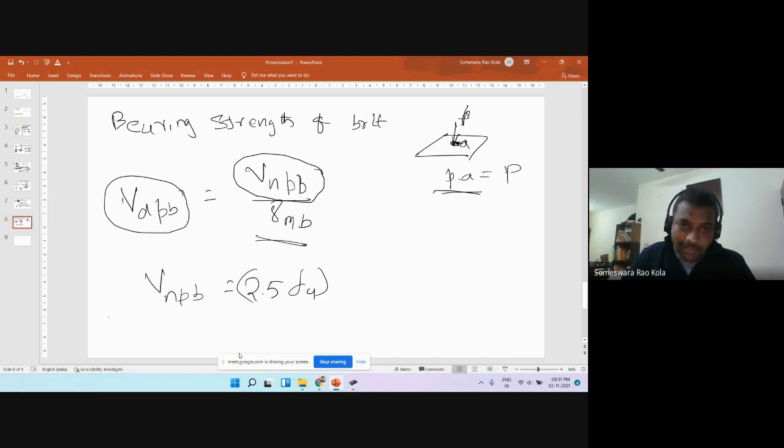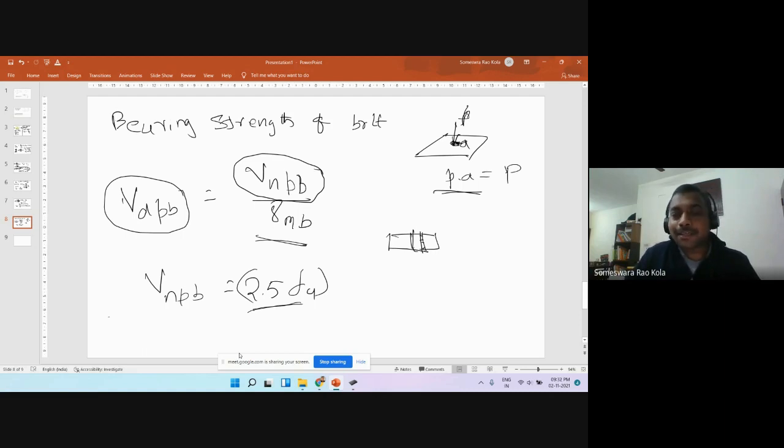See, when you say bearing, let's say this is the plate, and then we have a bolt hole. Now a bolt is passing through this. Now when these two fellows are in touch, each will exert pressure on the other one, isn't it? So we have to understand from that perspective.